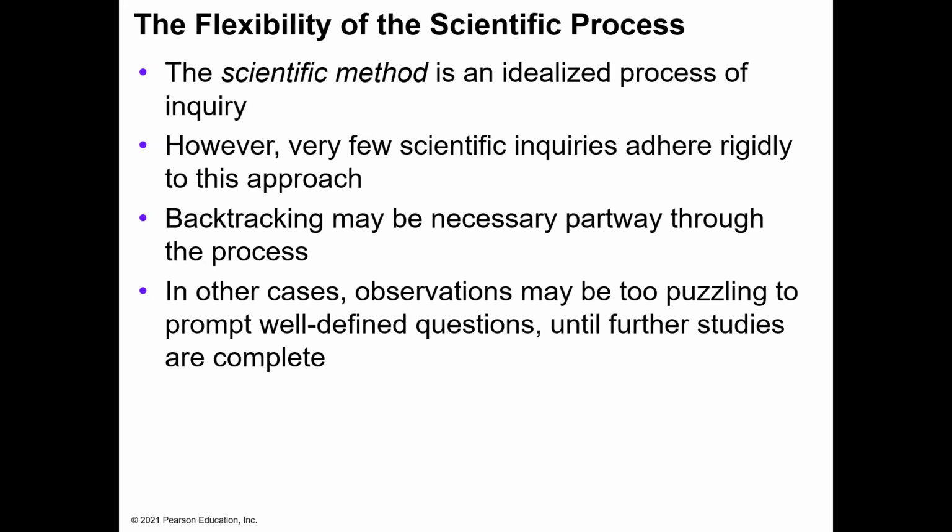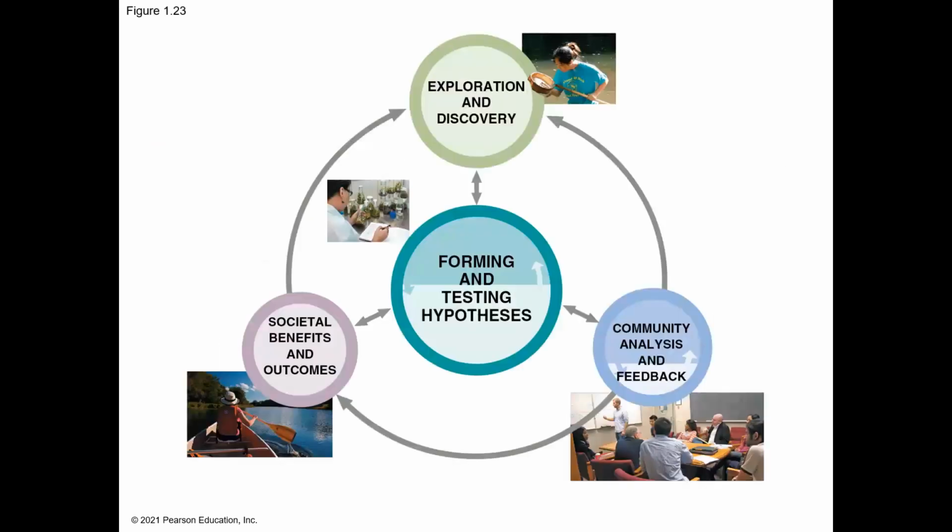You can backtrack, and then you can go forward as well. And in some cases, observations may be too puzzling to prompt well-defined questions until further studies are complete. Until someone has a breakthrough, a lot of things may stay in mystery until there is a broader explanation.